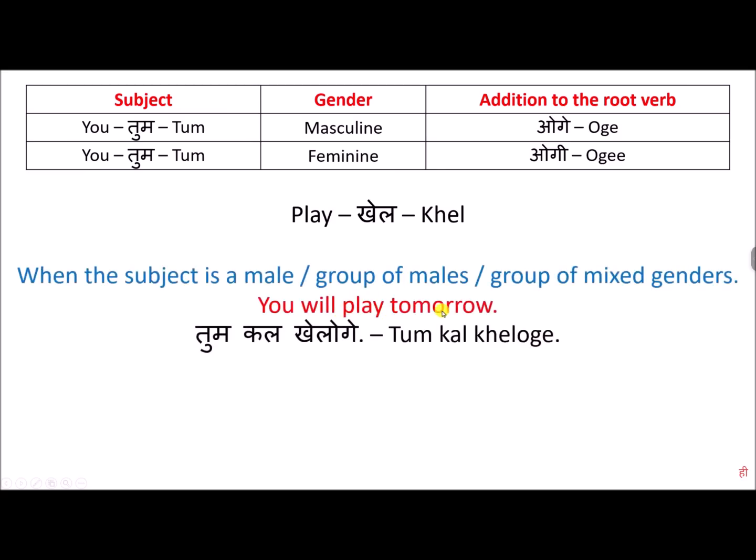You will play tomorrow is तुम कल खेलोगे. तुम is you, kal is tomorrow, खेल is the root verb, ओगे is added to the root verb. तुम खेलोगे is you will play, kal is tomorrow.